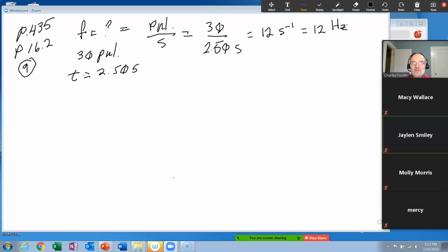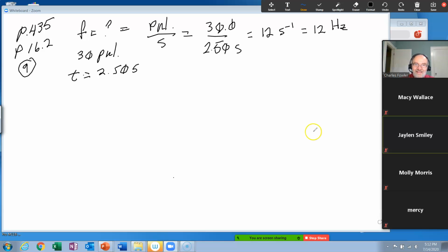Since that is exactly 30 pulses, you could put as many zeros after it as you needed to. And since you had 3 digits here, you can make it there, because 30 pulses is a fixed number.